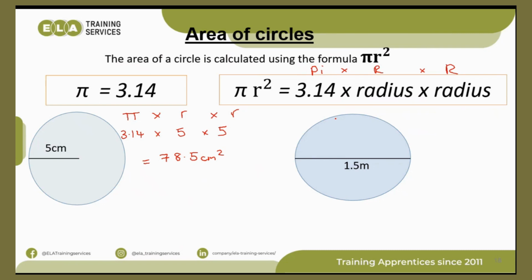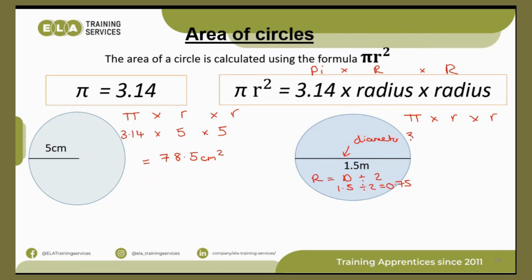Okay, now let's deal with the second circle. So we're going to write out our formula again. But this time, we can have a look at this circle. And this 1.5 is the diameter. So to get the radius, we know we've got to do diameter divided by 2. So we're going to do 1.5 divided by 2, which gives us 0.75.